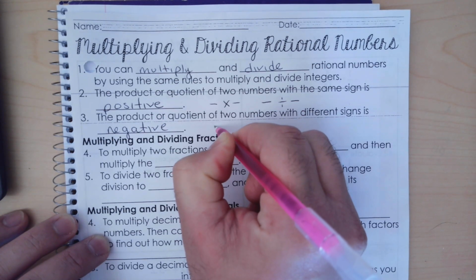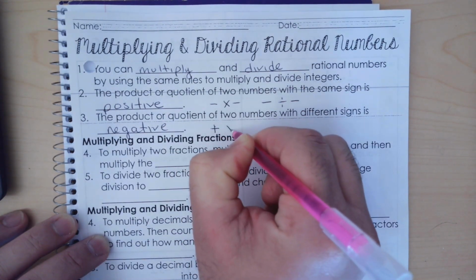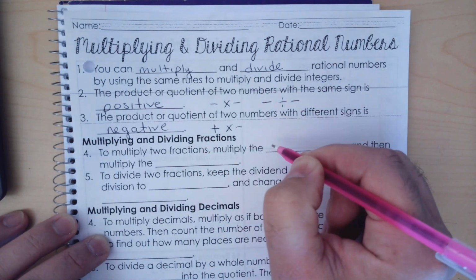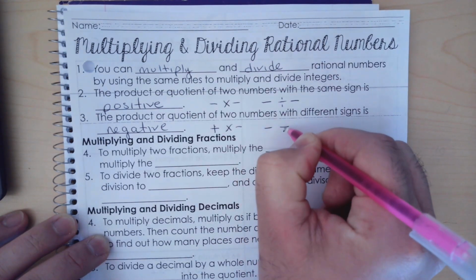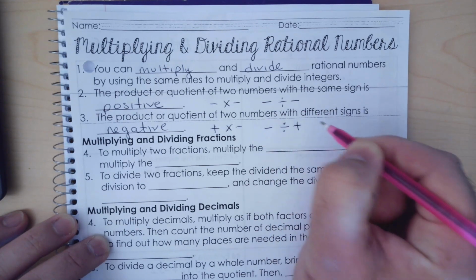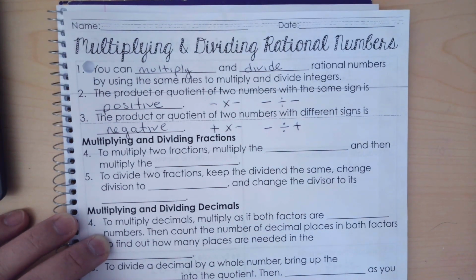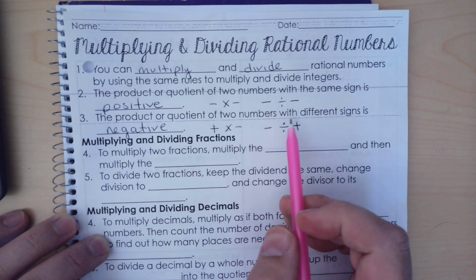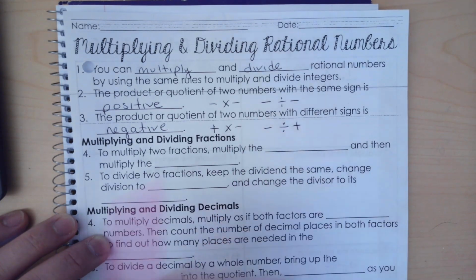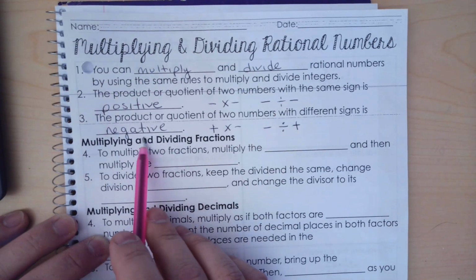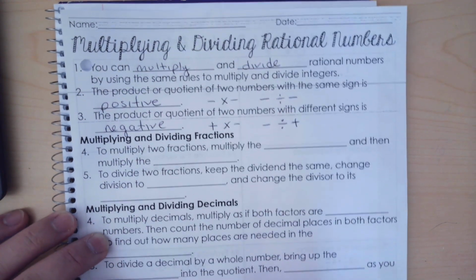So if you multiply a positive number times a negative number, that's negative. And if you divide a negative number by a positive, that's also negative. And any combination of these, as long as you have a positive and a negative sign, if you're multiplying and dividing, the quotient or the product is negative.